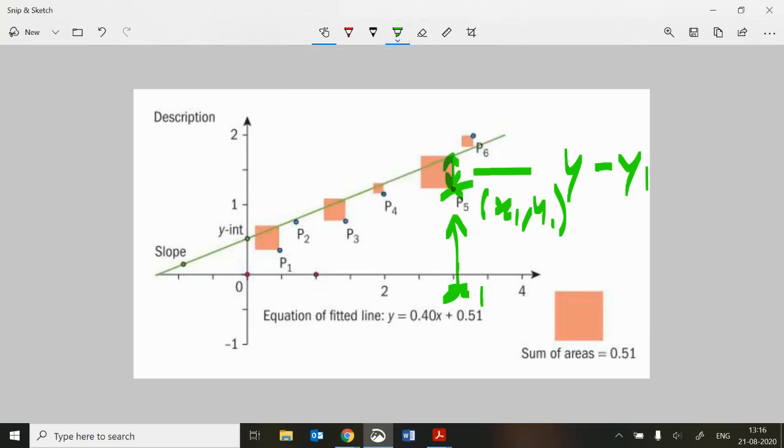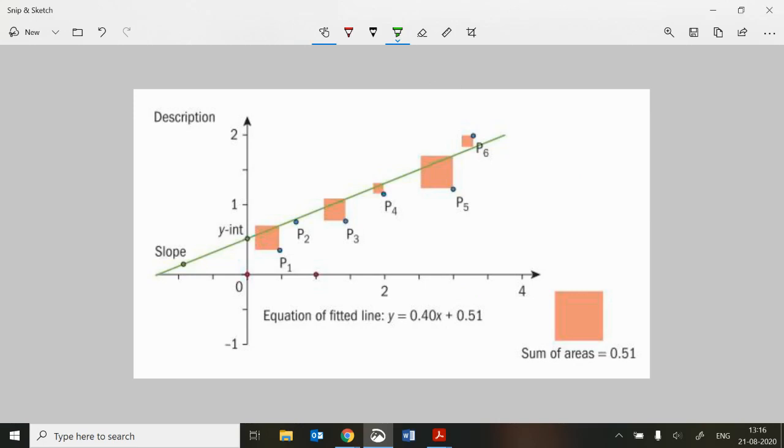Now, an alternative way of doing this would be to minimize the x errors. So if we take, for example, another point here, let's say this is a coordinate point, x1, y1. Then to get to the line in the x direction, we'd be going all the way over here, and we'd be getting a massive difference from that line.